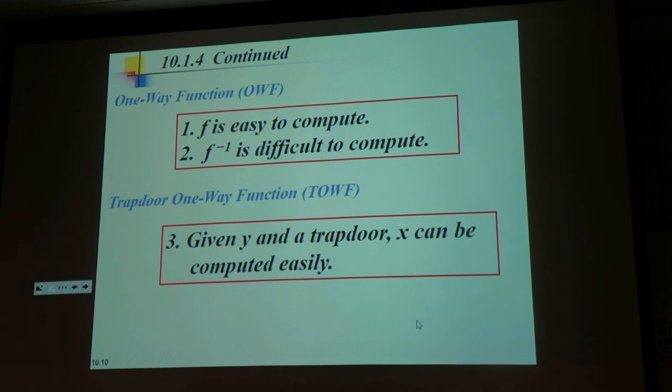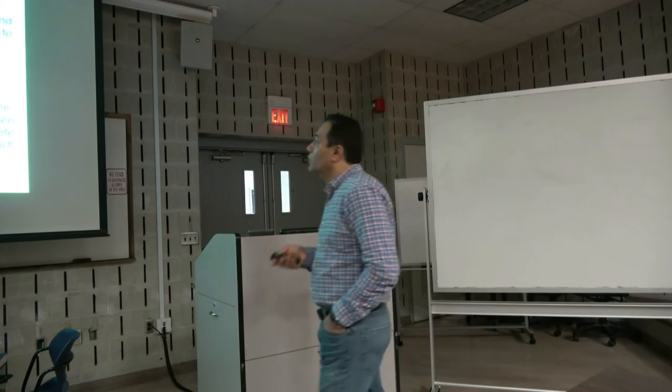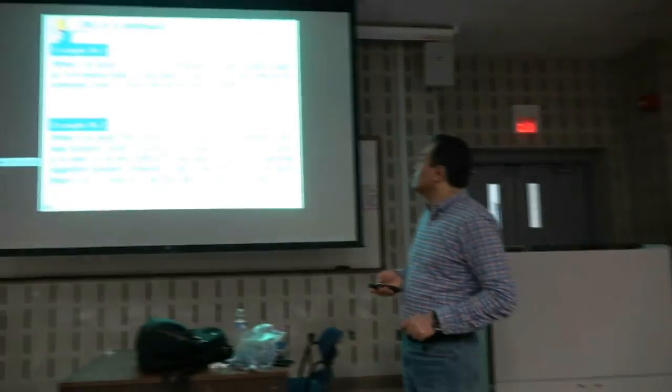So if we have a one-way function with a trapdoor, then given y and a trapdoor, x can be computed easily. So what we are using here is a one-way function with a trapdoor. All right.